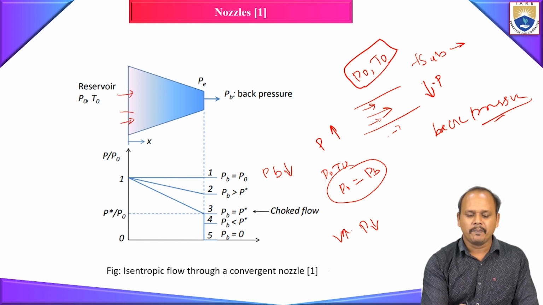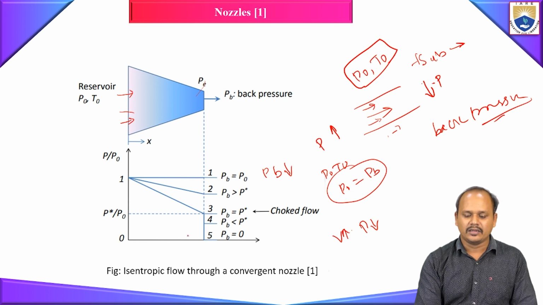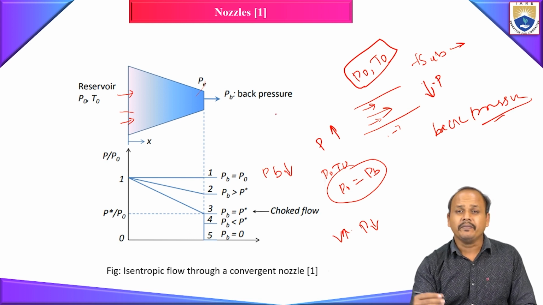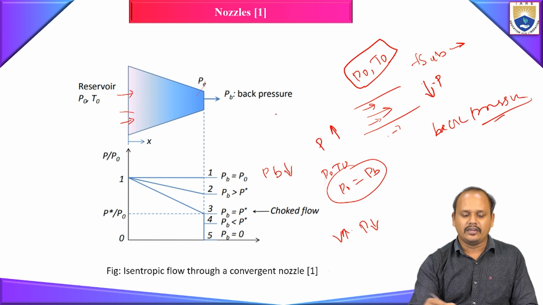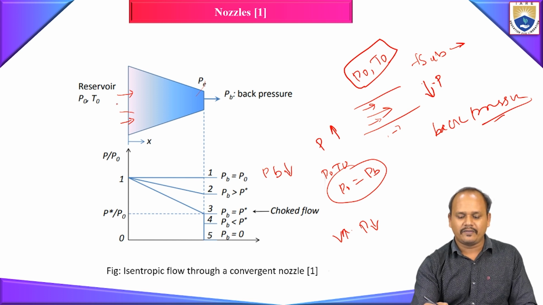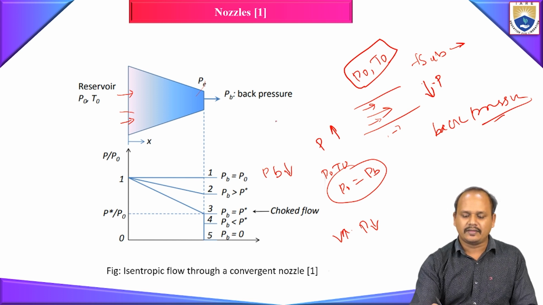The flow will start moving inside, and as your area is decreasing, your flow will start accelerating. Because of the acceleration, I can see that from inlet to exit your pressure is decreasing. At the exit, let's say it is giving only some subsonic value. For the initial pressure difference, let's say I get a Mach number of around 0.3.